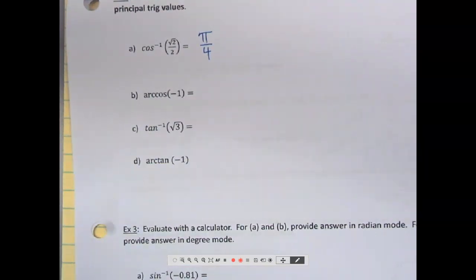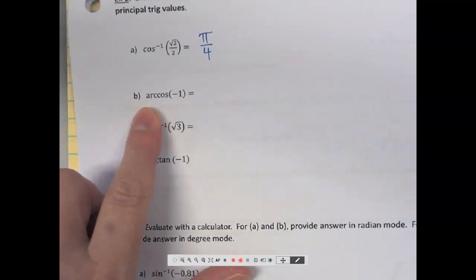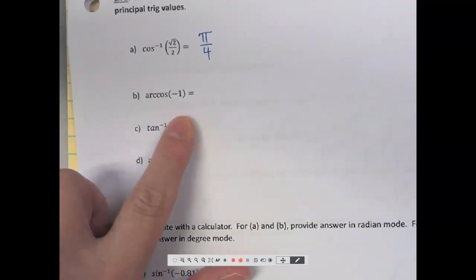Okay. Next one, arc cosine. Arc means the same thing as inverse. So this means there's an angle whose cosine is -1.